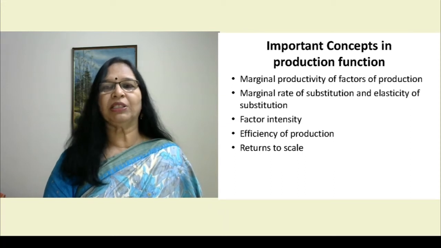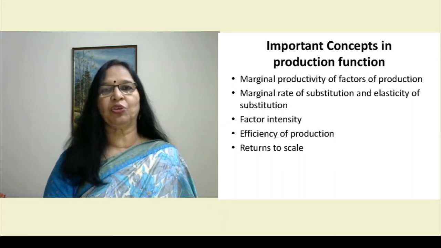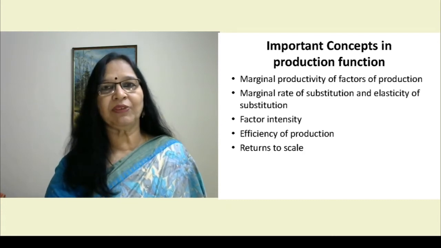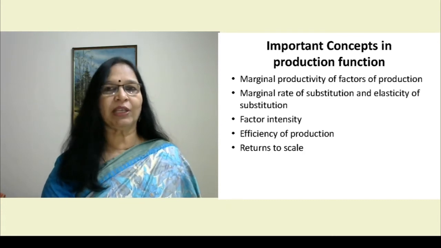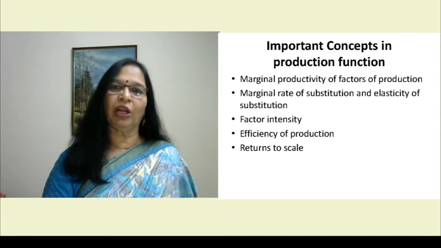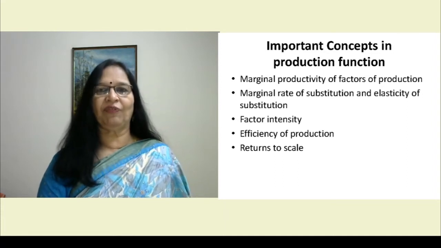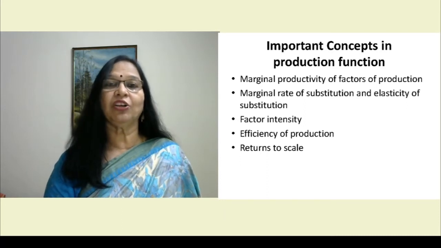So marginal productivity of factors of production. We will now learn in course of time what is the marginal productivity of factors of production. There are four factors. So what happens and how much you added to them. So what is the output that you get from these additional factors? Marginal rate of substitution.